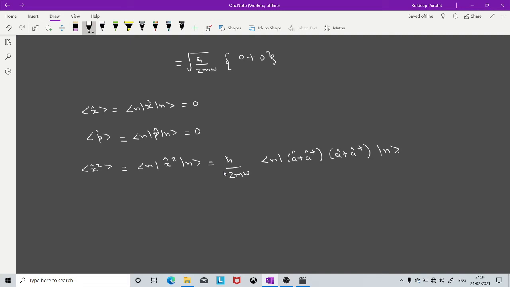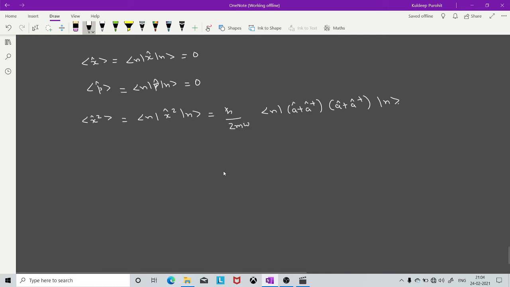So this will be equal to h cross by 2m omega, bra n, and here you will first get a into a plus a into a dagger plus a dagger into a plus a dagger into a dagger, into ket n.